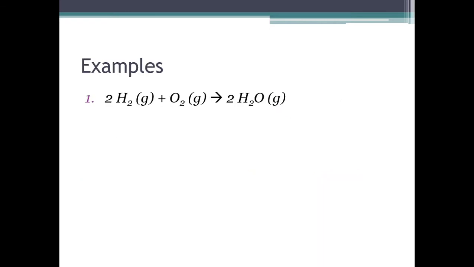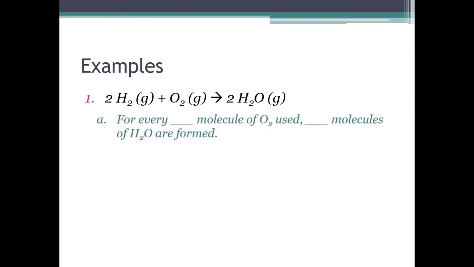So for example, we have 2H2 plus O2 produce 2H2O. What we can glean from this is that for every, remember, if you don't see a coefficient, the coefficient is a 1.